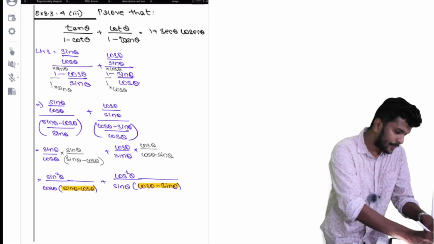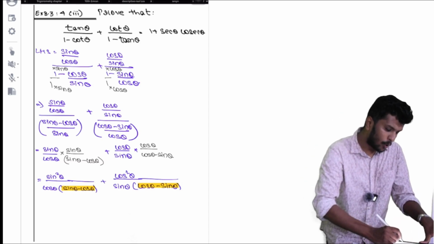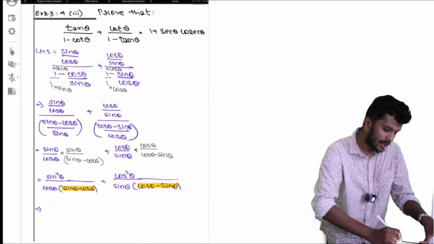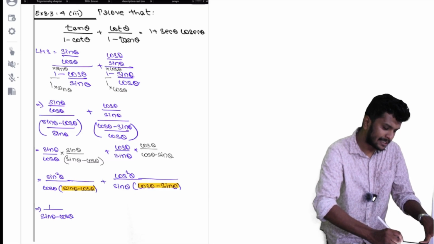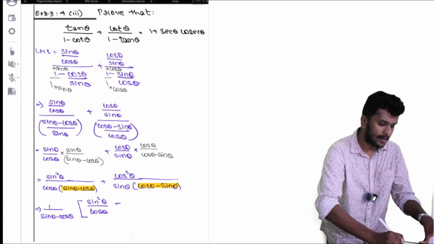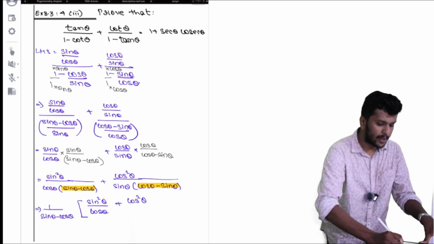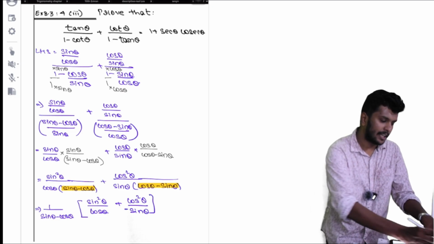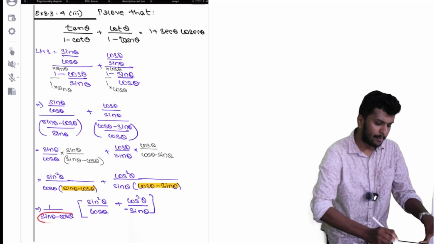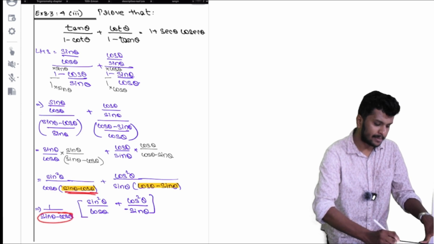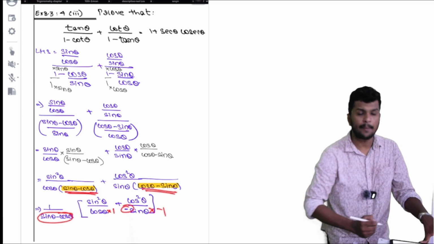Negatives of each other. So for that, I take 1 by sine theta minus cos theta as common, which leaves behind sine square theta by cos theta plus cos square theta by sine theta, and there's a negative over here. Sine theta minus cos theta is taken common, so this becomes 1 here and this becomes negative 1, so that is why I put a negative.